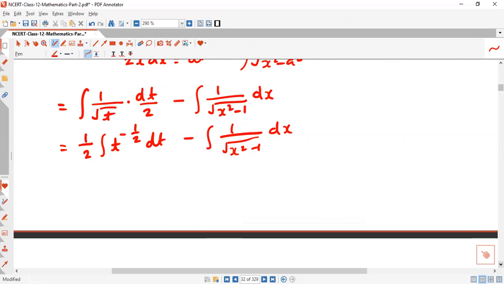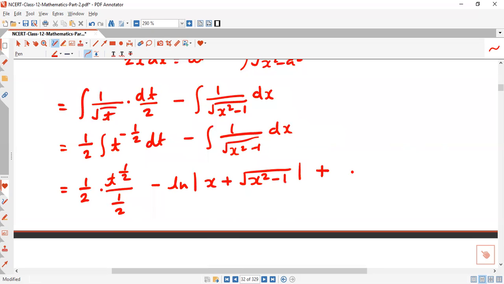This one becomes half, t raised to minus half plus 1 means t raised to half, divided by half, minus, now we apply the formula here. This becomes minus log x plus the same function under root of x square minus 1, plus some constant c.